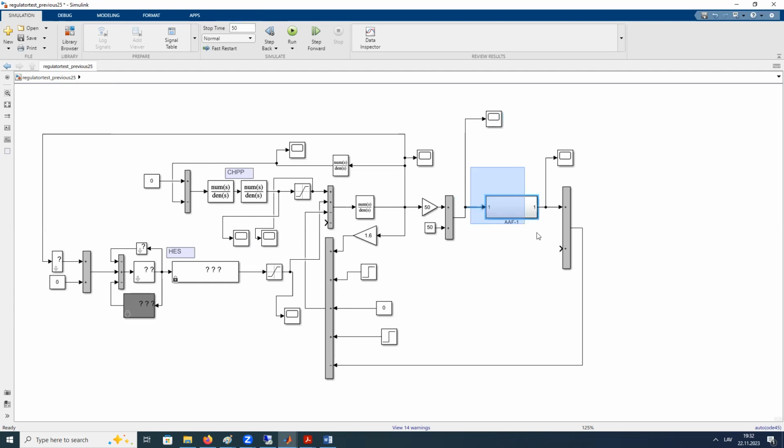This one is only to stop the frequency decrease. So your task is to play with this scheme and to write a report about the set points and about the scenarios.